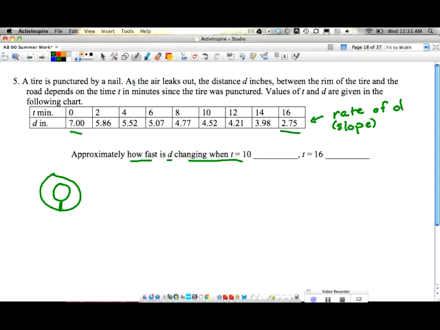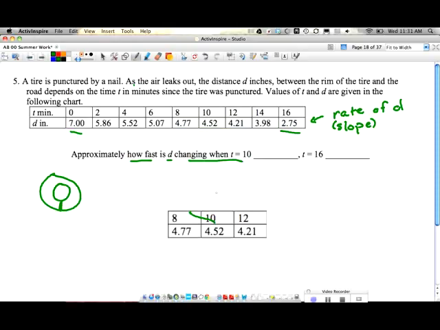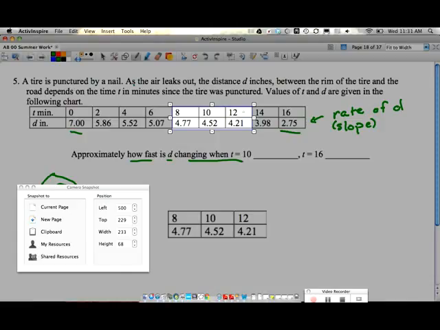So I'm also going to copy at around 6. We don't have anything after, so we're just going to use 16, and 14 right before it. Alright, so we got these two things going on. This one's going to help us find this one.